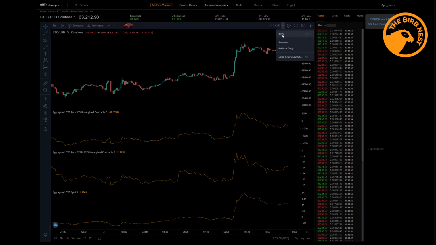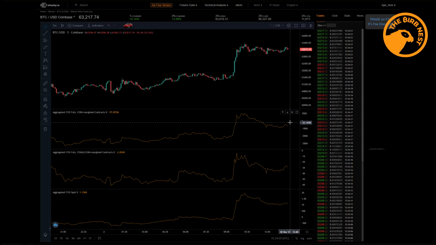You can also save it as a template if you're logged in, so it remembers these indicators for you when you jump in. So let's start with what the CVD is. The CVD shows the aggression in the market. It doesn't matter what the value of the indicator is, it's more about the direction in combination with the chart.